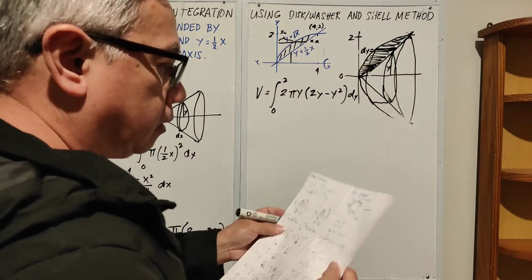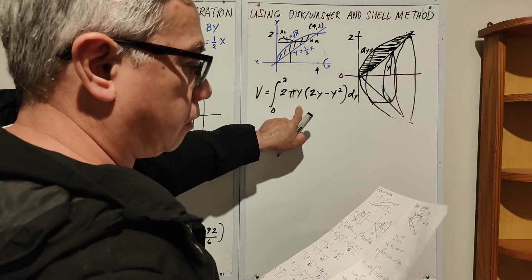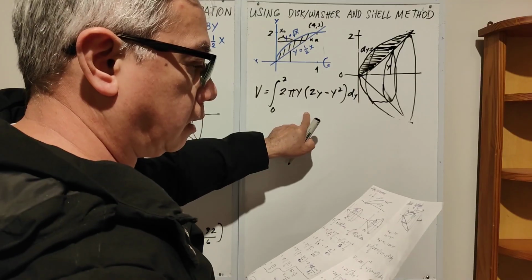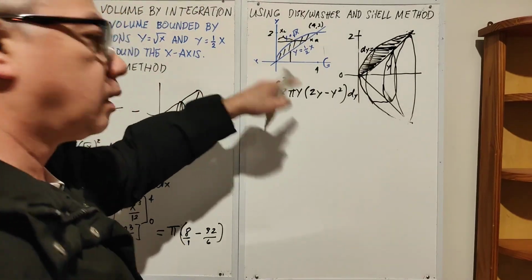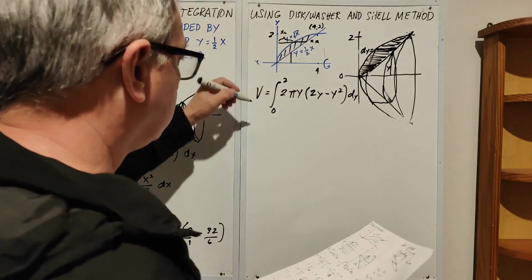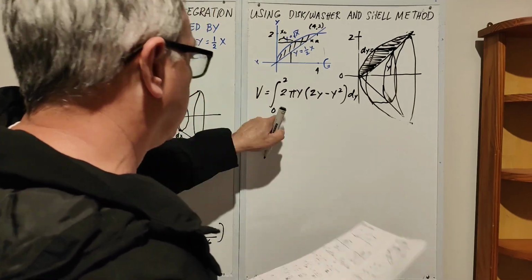So we can now proceed. Since 2 pi is a constant, we can take it out of the integration.